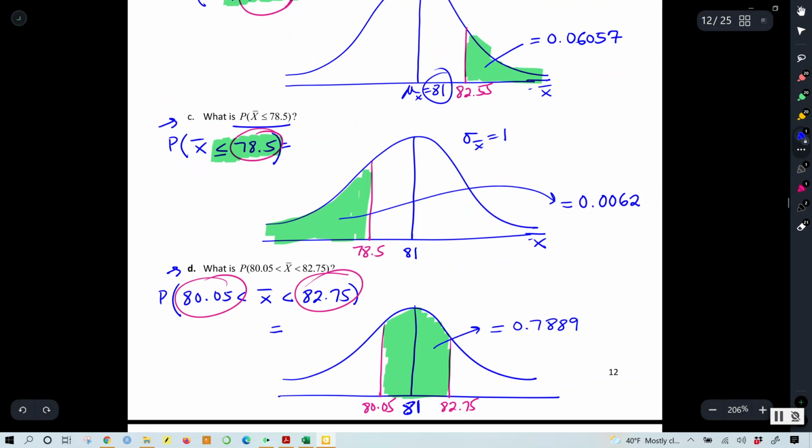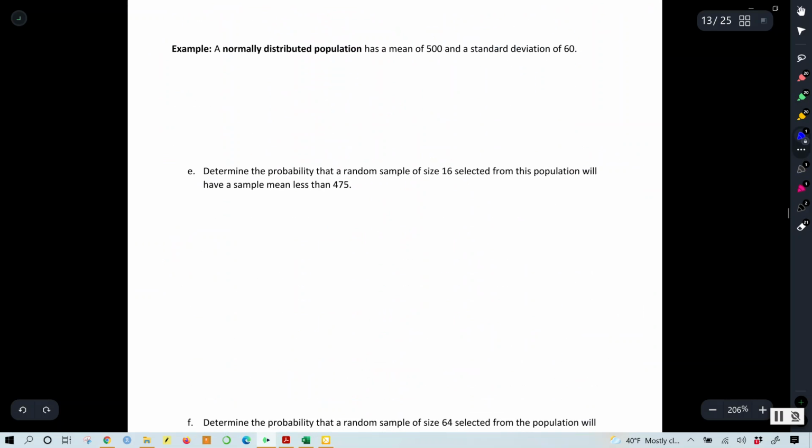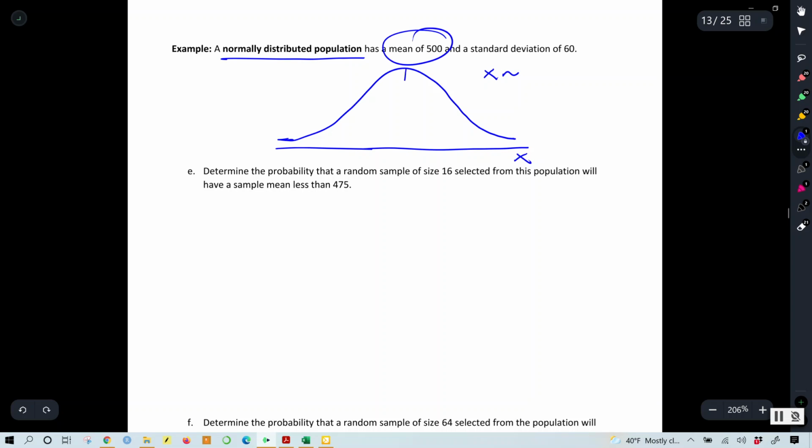We now proceed to the next example. For the next example, we are told that a normally distributed population, which should look like this, for a normally distributed random variable x, has a mean of 500 and a standard deviation of 60.